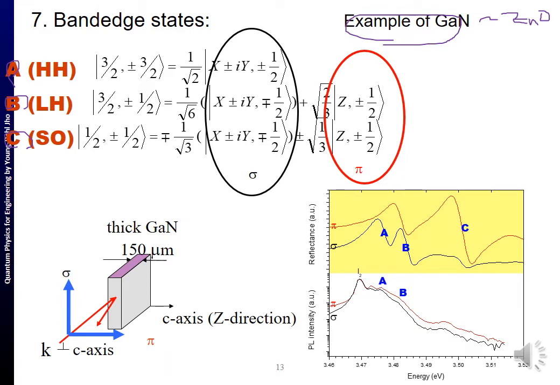The original representation of JG can be represented in terms of LG and SG, and then LG is again represented in terms of linear momentum representation here, X plus iY, which is LG equal to minus 1.